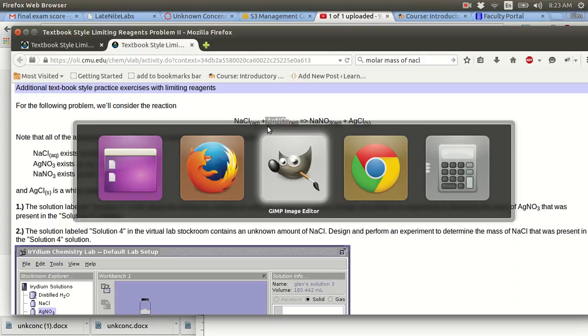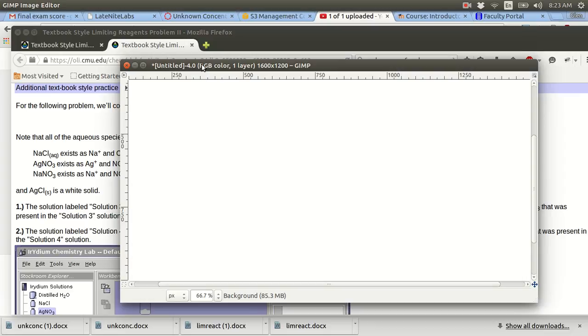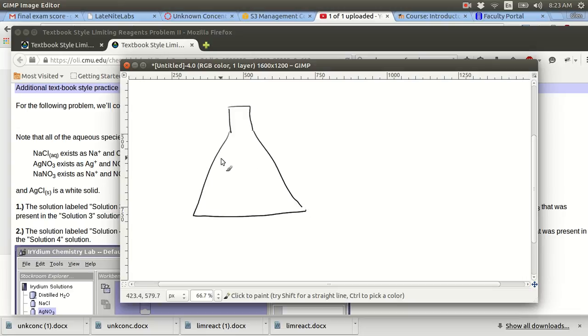Let me show you what I mean by that. Suppose I have my flask here, and there is AgNO3. It is dissolved. Okay? So, you know, when AgNO3 is dissolved, it becomes Ag plus and NO3 minus in here.